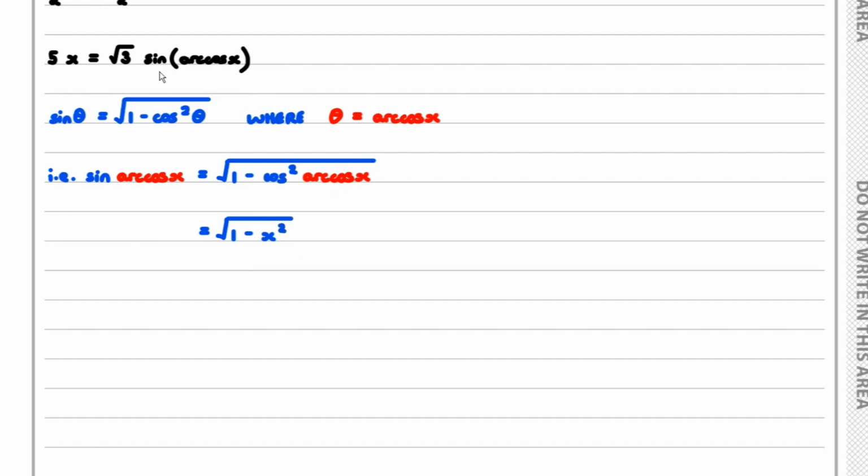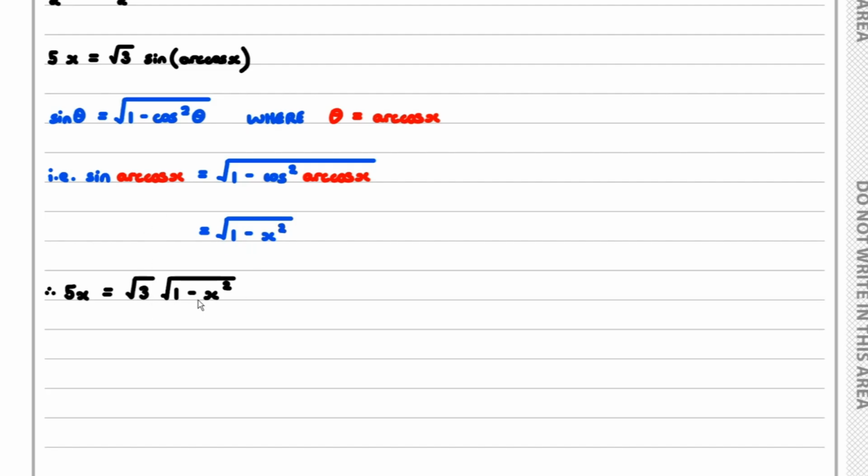So sine of arc cos x is quite simply the square root of 1 subtract x squared. So I've got 5x equals root 3 times by sine of arc cos of x, so that's the square root of 1 subtract x squared, which we've just worked out.